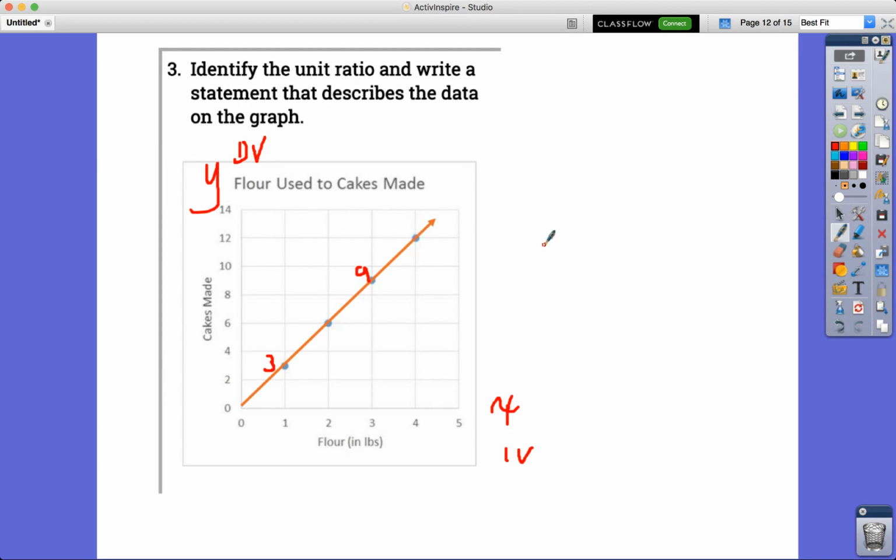So when you write your statement, you're going to indicate you're comparing flours to cake mixes, and you have a ratio of 1 to 3. So pause the video here. Make sure you have indicated your X and Y axis. Again, discuss this with your partner and write your statement. Pause for 1 minute and go.